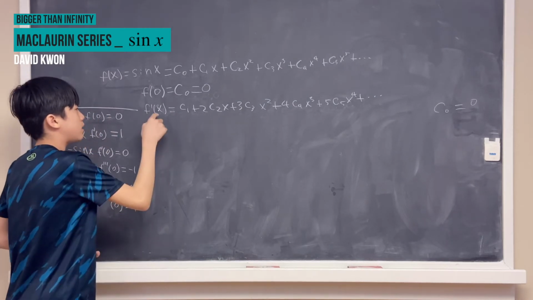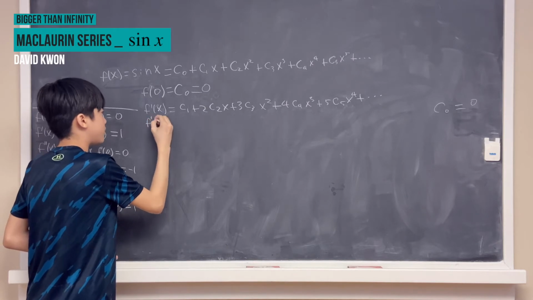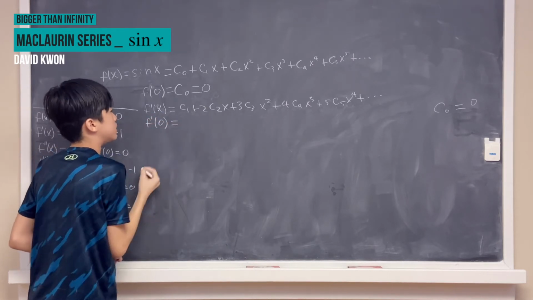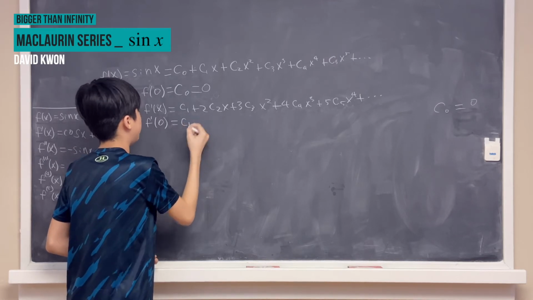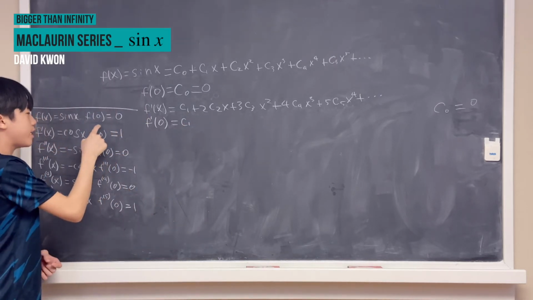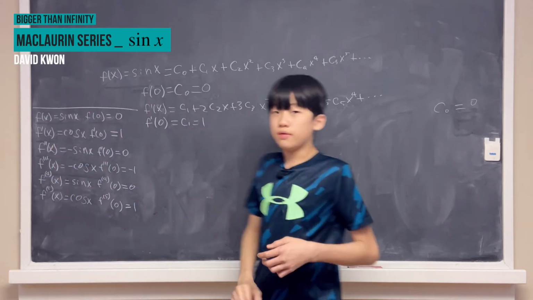Now we will set x equal to 0, so f prime 0 is left with just c sub 1. And from right here, f prime 0 is equal to 1. So c sub 1 is 1.